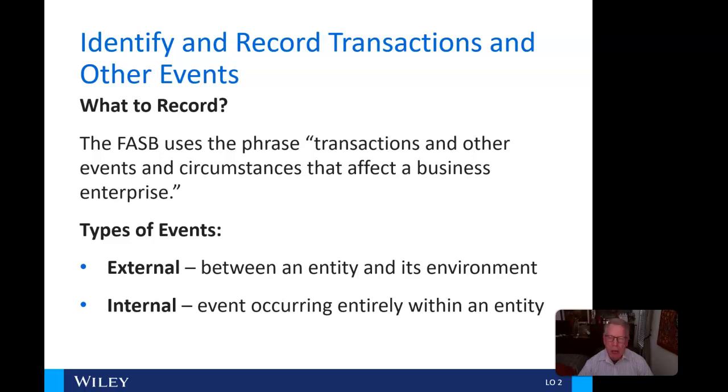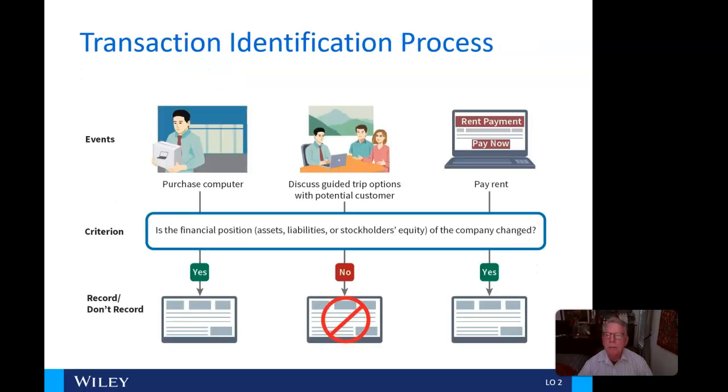Pretty academic. And we have external events. That's between an entity, the company, and its environment, usually suppliers or creditors or whatever. But also sometimes we have internal events. That would be an event that occurs entirely within an entity or company.